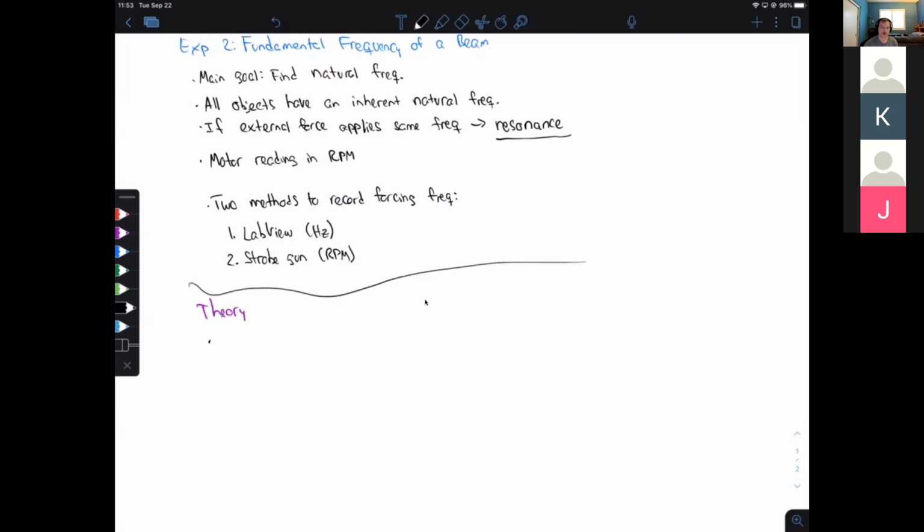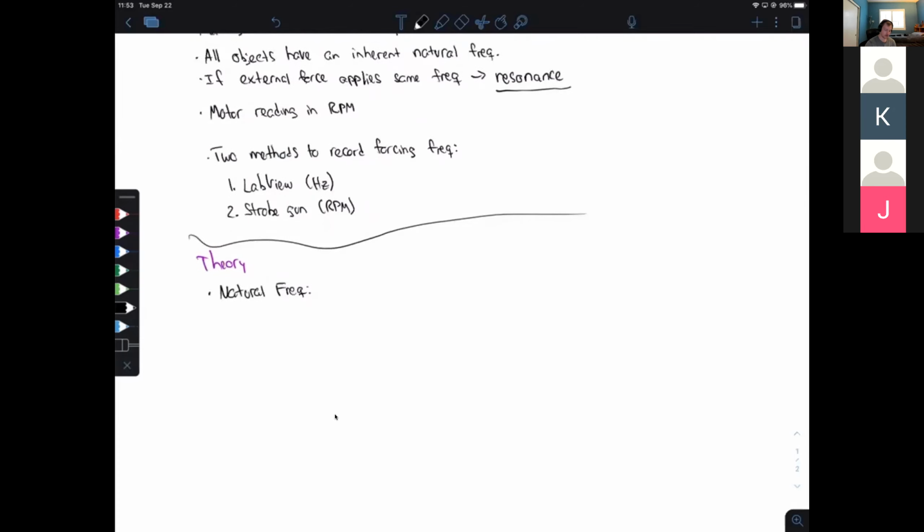Okay, so I hope you remember from vibrations how to calculate natural frequency. That's going to be omega n equals the square root of k divided by m.